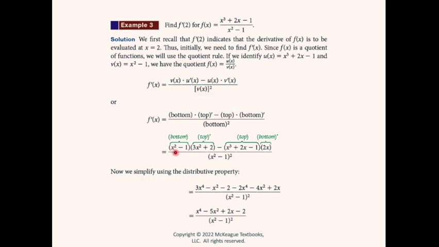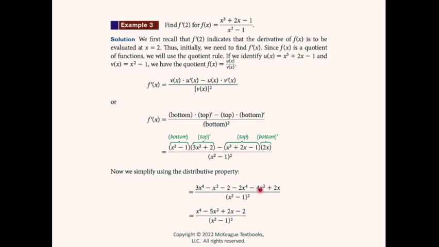So the derivative of the top gives me 3x squared plus 2, multiplied by the bottom, and then I subtract the top times the derivative of the bottom, and then I divide all by the bottom squared. So that's x squared minus 1, all squared.